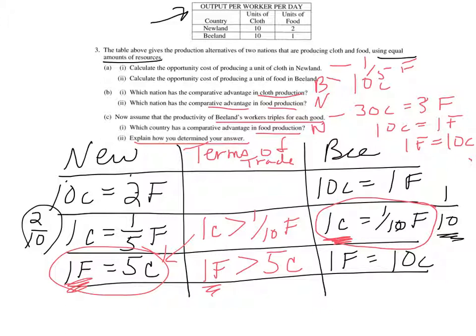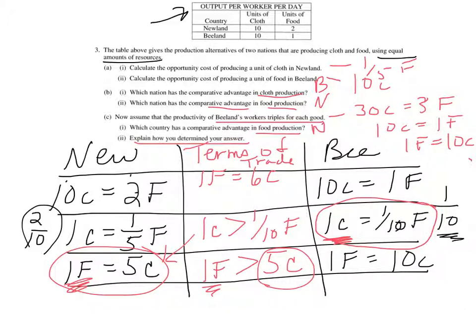So let's try this. In terms of acceptable terms of trade, let's go to the next whole number: 6 units of cloth for 1 unit of food. We know that Newland would be okay with that. That would be good for them.